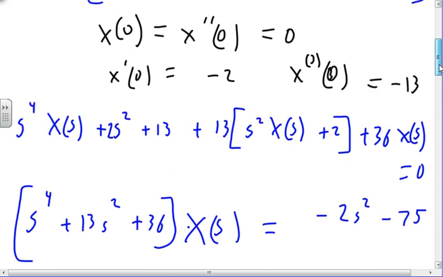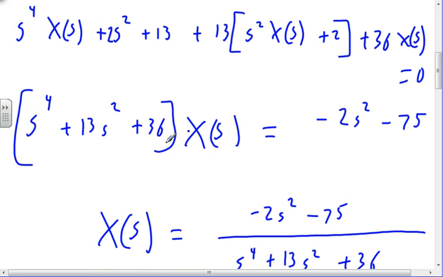Alright, so we did everything okay there. 13 times 3 is 39, plus 36 is 75 with a minus sign. Okay. Yep, I think it is.